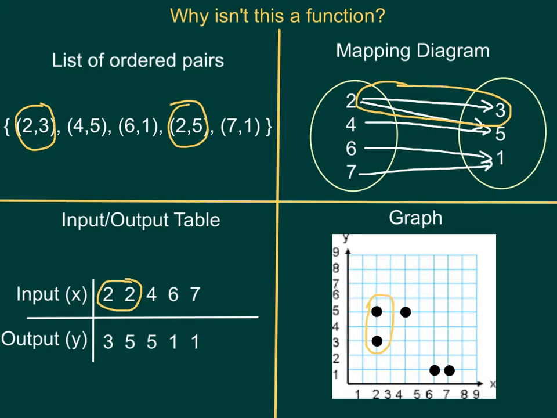Now, a word of warning. There are going to be things in here that are going to make you think it's not a function. It's okay that 5 is the output for both 4 and 2, and that 1 is the output for both 6 and 7. It's okay to have 2 arrows go to the same number, if it's 1 or if it's 5.